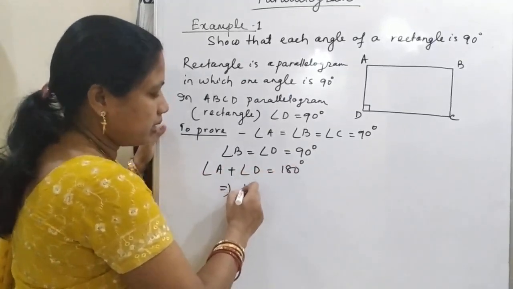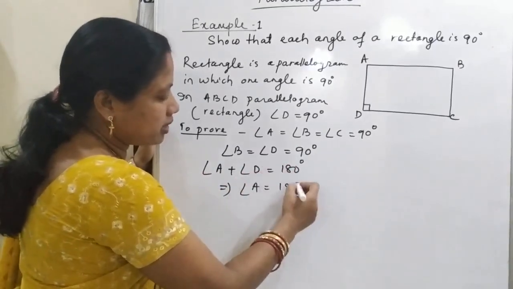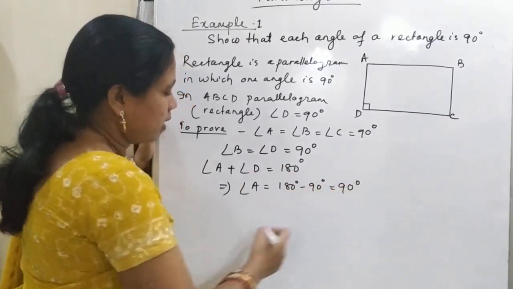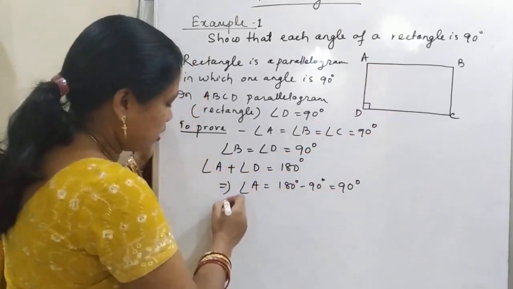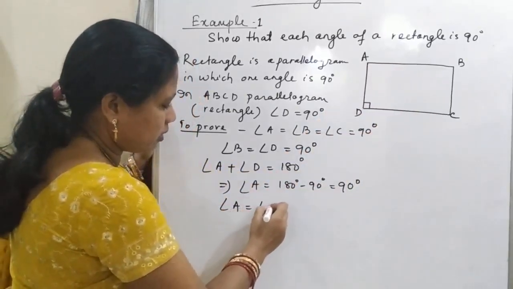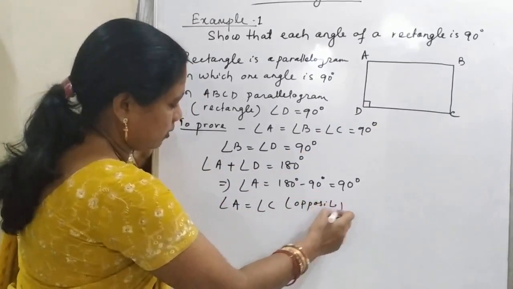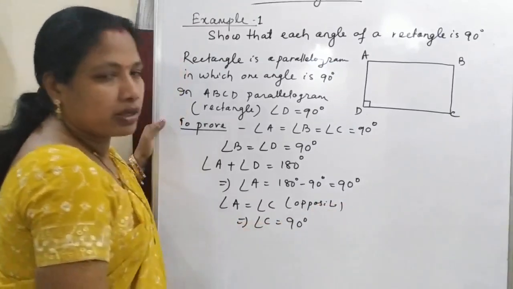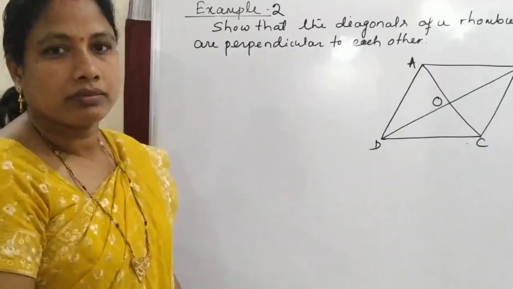So this implies angle A is equal to 180 minus angle D, which is 90 degrees. Again, angle A is opposite to angle C, so angle A is equal to angle C. This implies angle C is also 90 degrees. So we have proved in a rectangle each angle is 90 degrees.